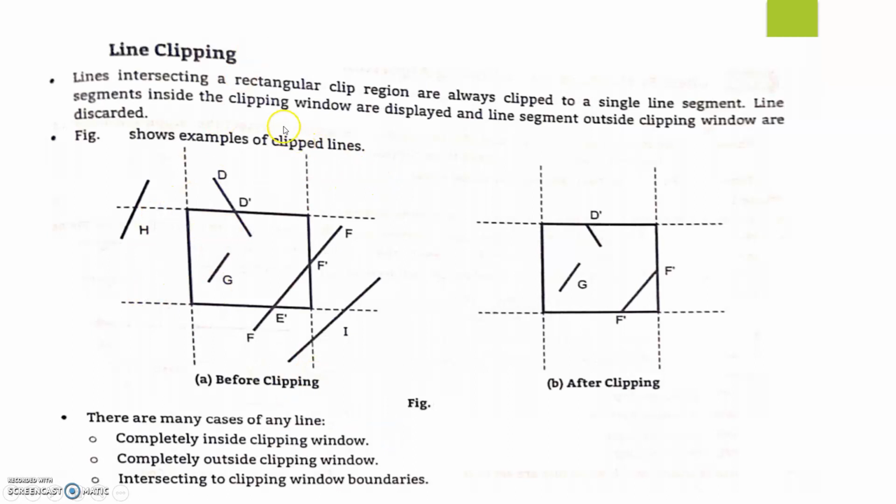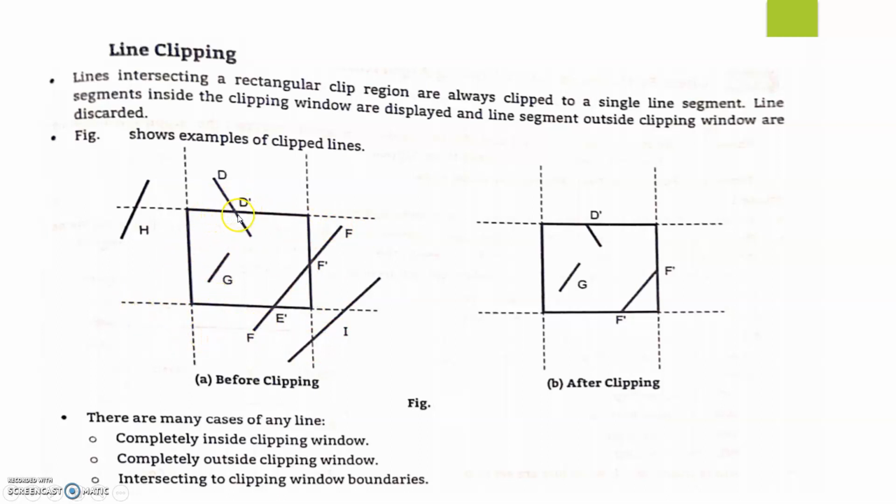Next, what do we mean by line clipping? Lines intersecting a rectangular clip region are always clipped to a single line segment. Line segments inside the clipping window are displayed and line segments outside the clipping window are discarded. For example, consider a particular image A. In this, these are some lines: I, F, G, D and H. And we will consider a particular rectangle.